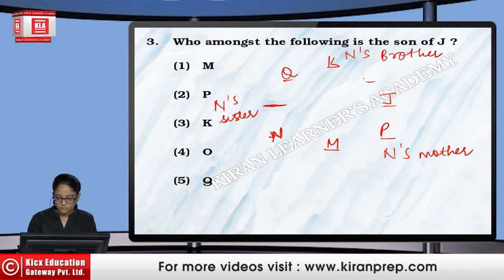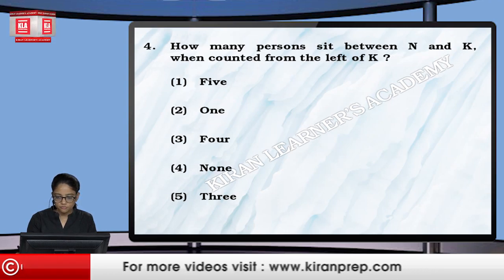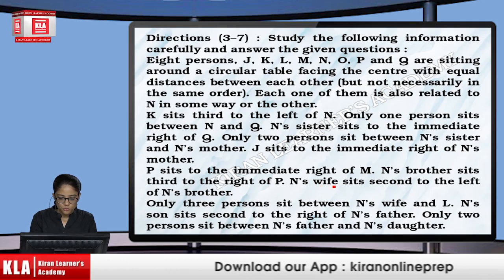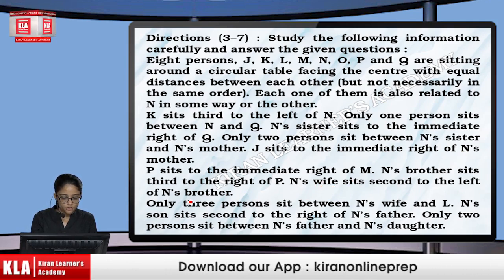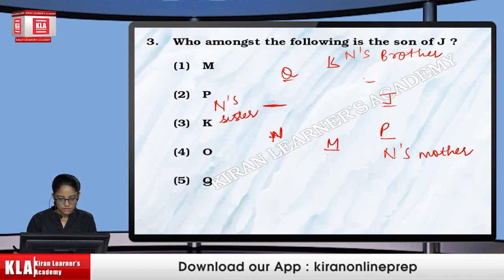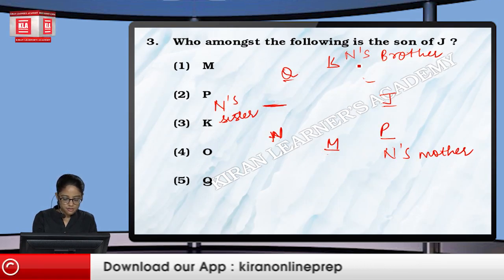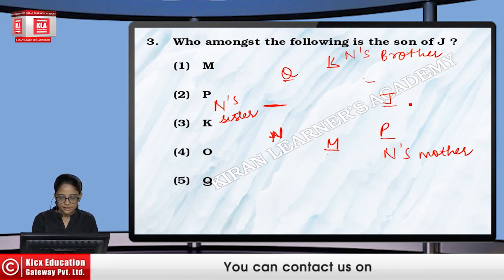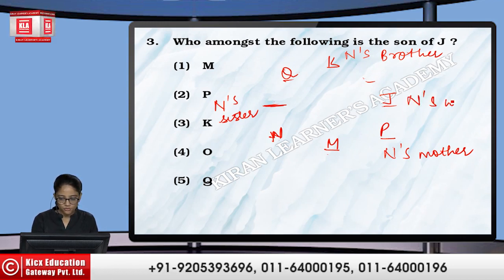Then what we have, N's wife sits second to the left of N's brother. From N's brother, second to the left. So it means J is N's wife.